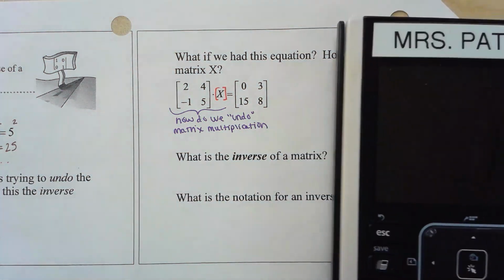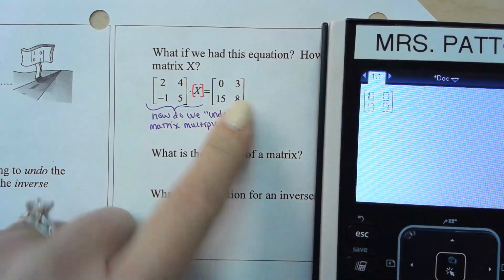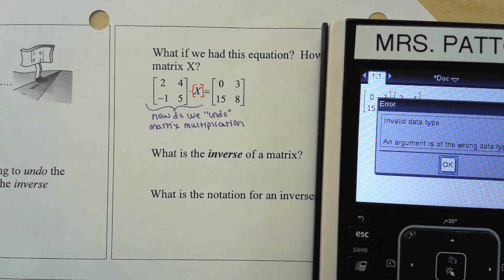Let's go grab our calculators and take this matrix, a 2 by 2: 0, 3, 15, 8. And let's divide it by another matrix: 2, 4, negative 1, 5. How do we undo multiplication? We use division. And the calculator says no. It doesn't understand it.